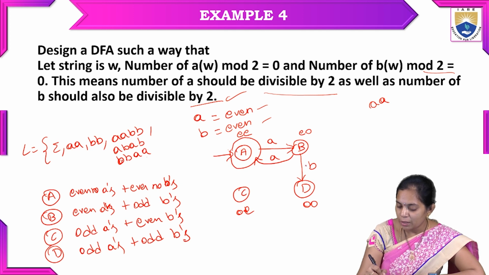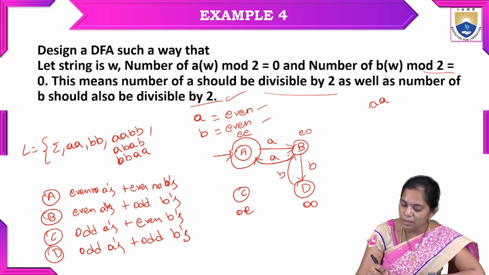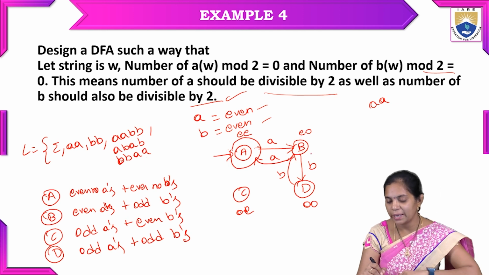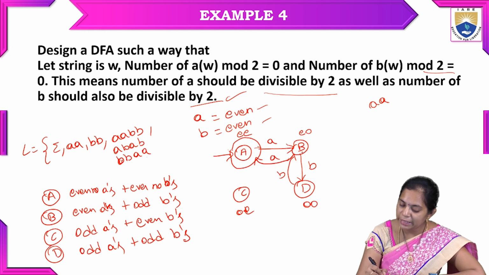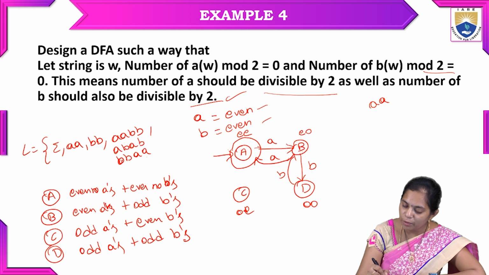So the number of A's is 1, and if you get one more B, it is reaching the B state, that represents A, B. So these are the states: even number of A's and even number of B's, odd number of A's and even number of B's, and even number of A's and odd number of B's.